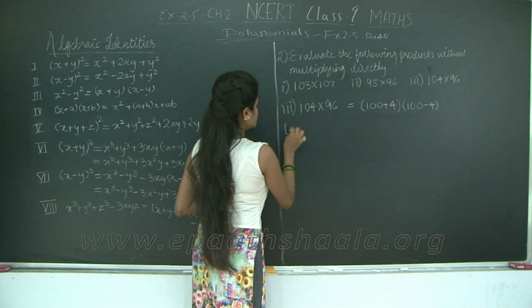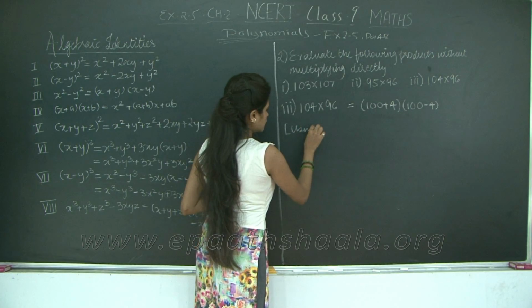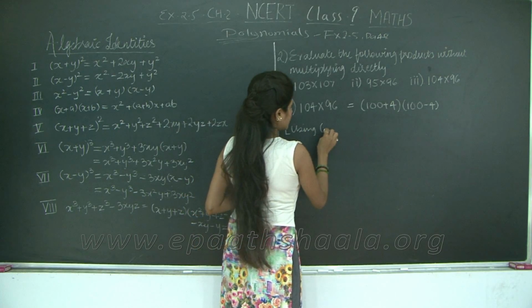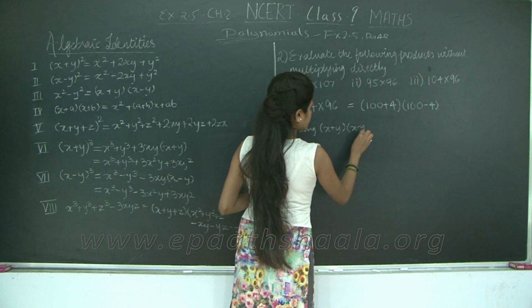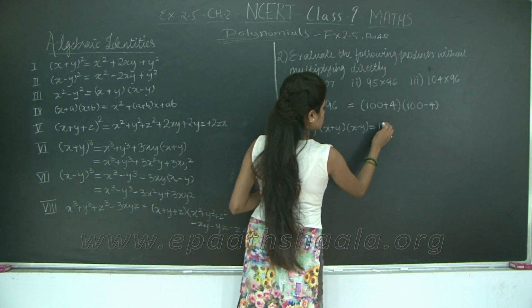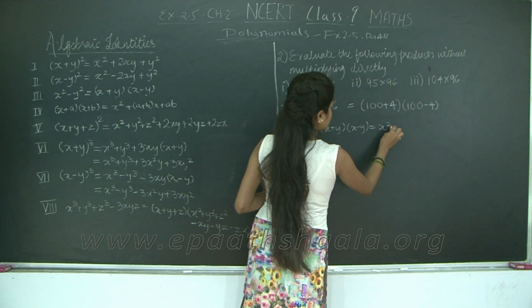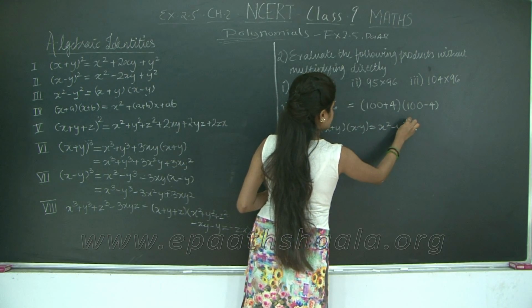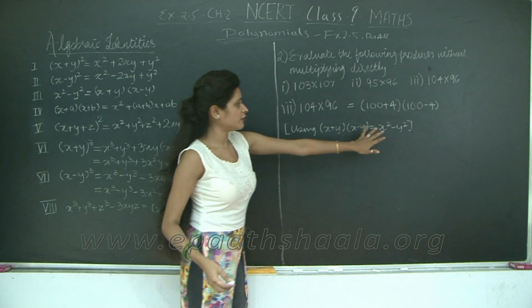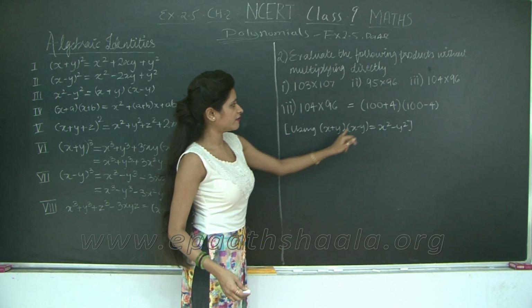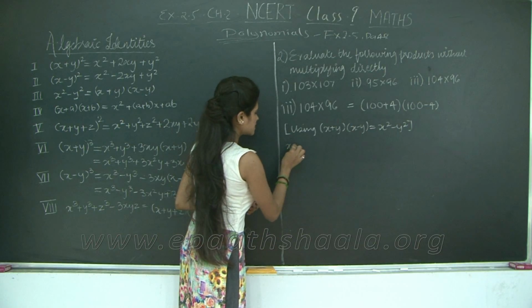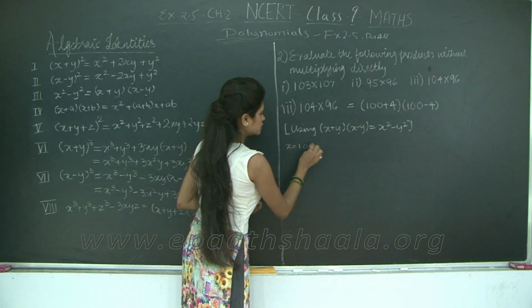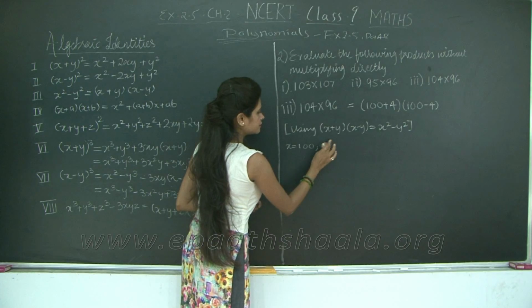So using x plus y into x minus y is equal to x square minus y square. What is the value of my x? The value of my x is 100 and value of my y is 4. Similarly for that one as well, right? So x is 100 and y is 4.